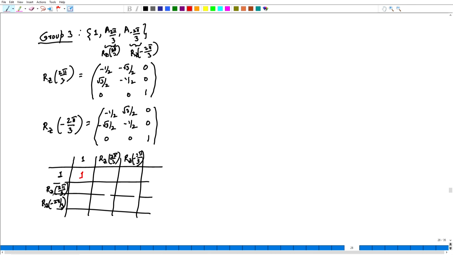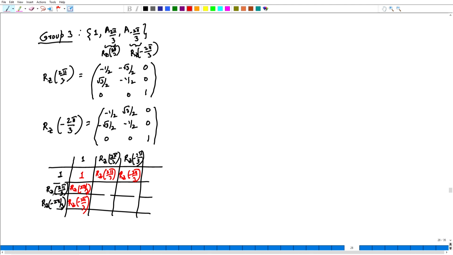If I fill this, this element would be 1, this is obviously Rz 2 pi upon 3, Rz minus 2 pi upon 3, Rz 2 pi upon 3, Rz minus 2 pi upon 3. Now, where are the other identities?